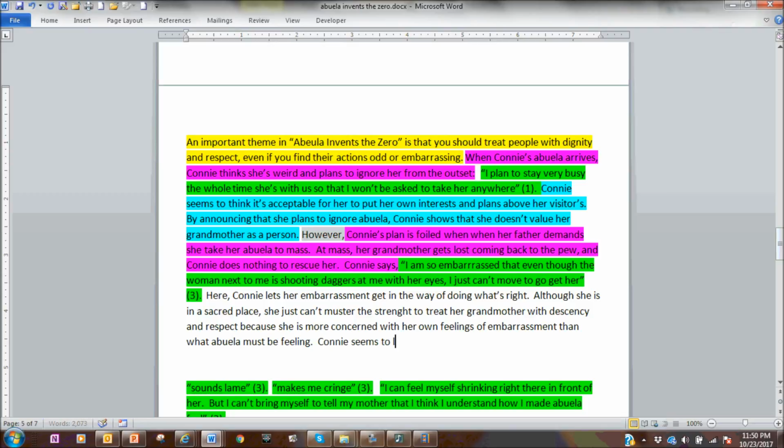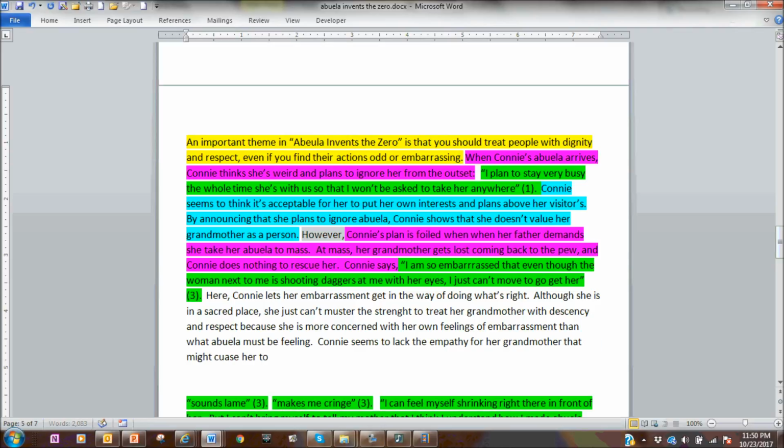Connie seems to lack the empathy for her grandmother." Okay, typos aside, you get the point.